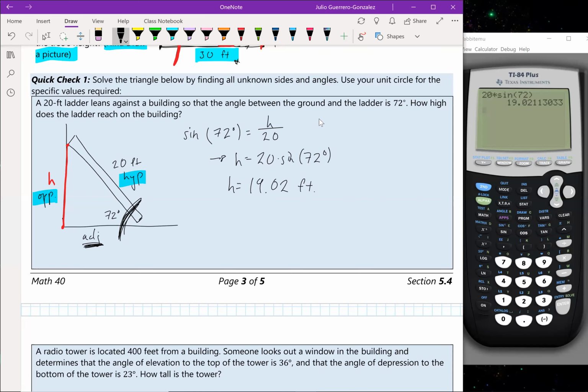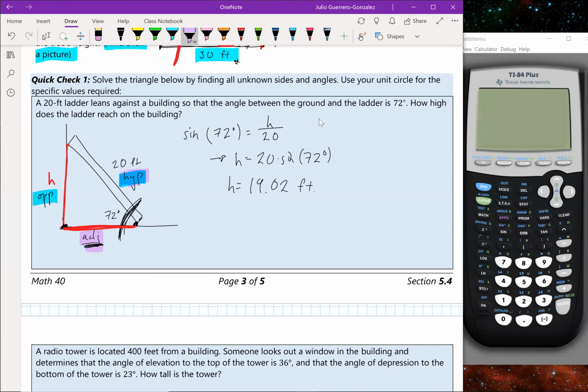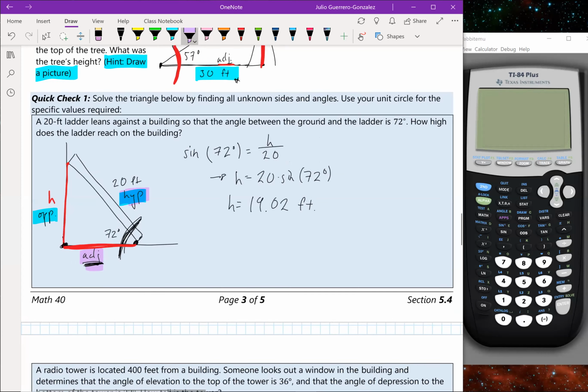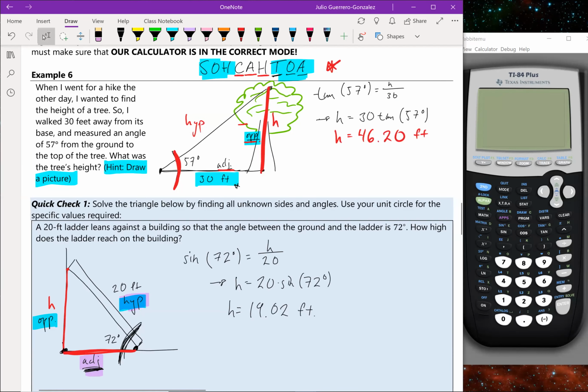In that case, I'm looking for this end right here, and that would be cosine. Because we had the hypotenuse from the get-go, but now we need an adjacent. So we need something that has hypotenuse and adjacent mixed together. The only one that does that is cosine.